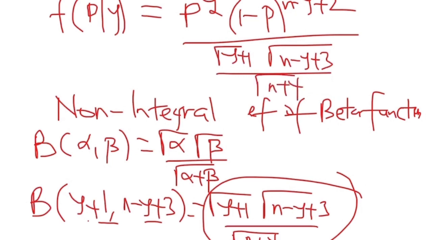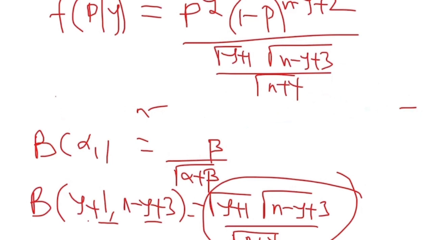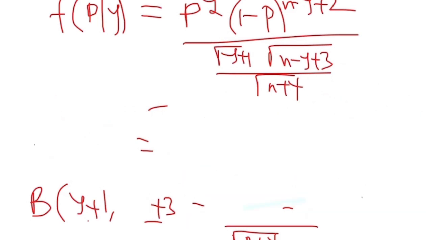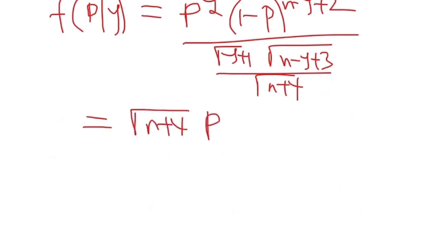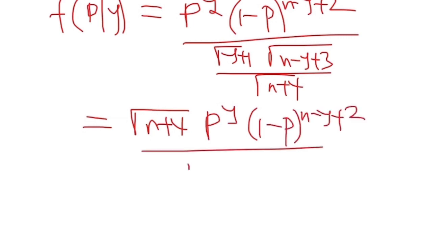So when I simplify, you're going to see that the gamma n plus 4 is going to go up. So you're going to see now. Finally, I'm actually going to have gamma n plus 4, p raised to power y, 1 minus p raised to power n minus y plus 2, divided by gamma y plus 1, gamma n minus y plus 3.